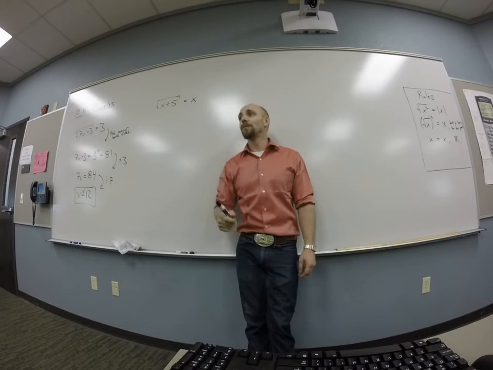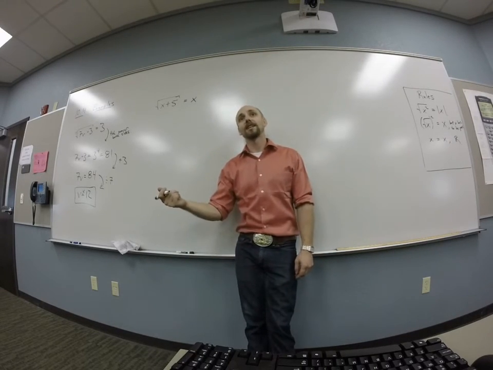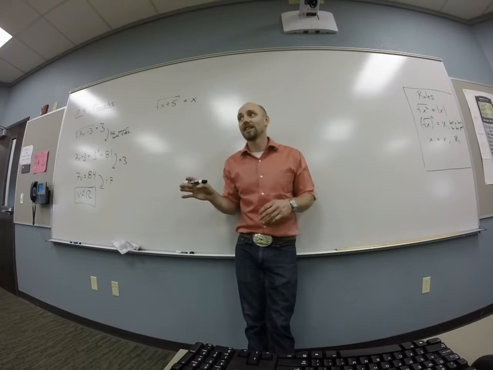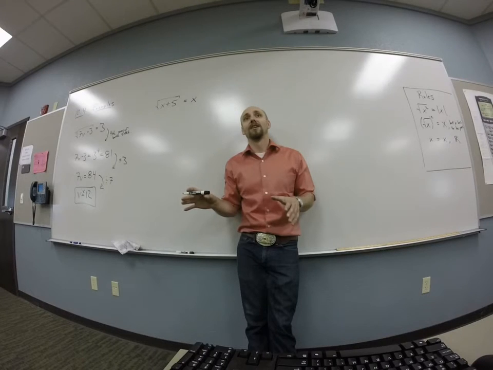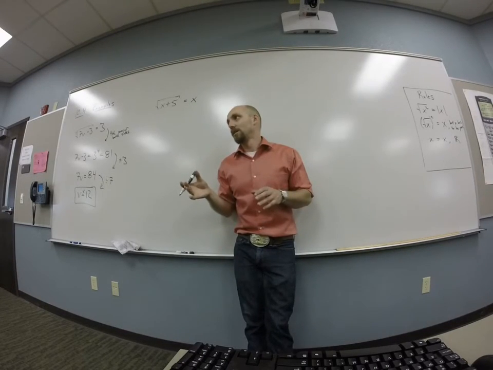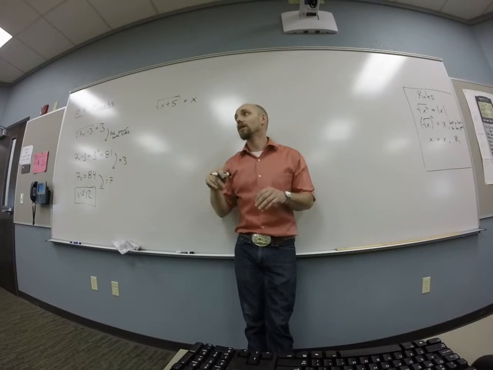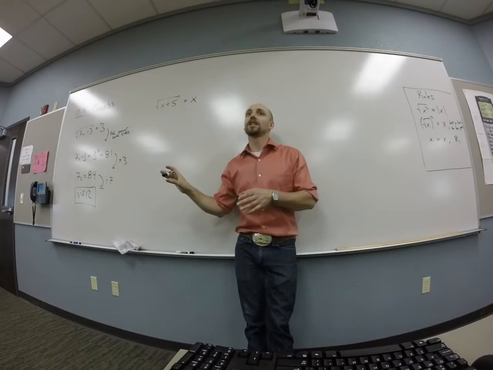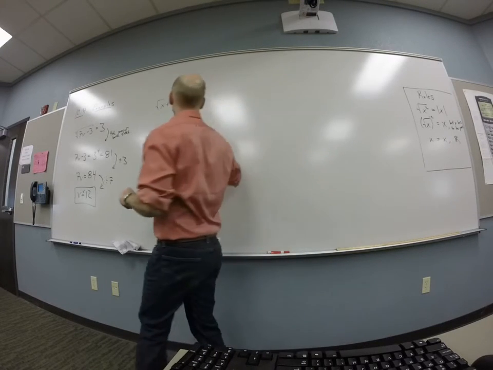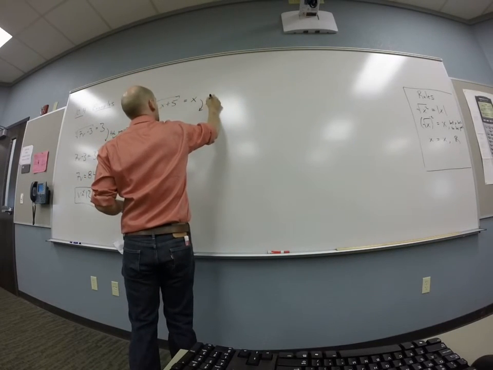The other option would be something like subtract the x to the other side, right? This like, oh, what if I get all the x's on the same side? Is that going to help me here? No, because after I square it, it will. But before I square it, getting the x to the other side ain't going to help me, so don't fall for that. So square both sides.